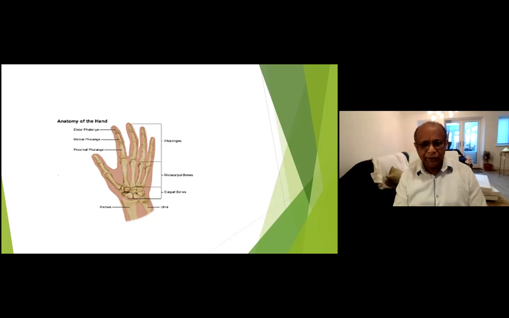Then you know it's built up from solidity, liquidity, heat and motion. Therefore they are subject to decay, so there is no point in attaching to them. So this is one method.